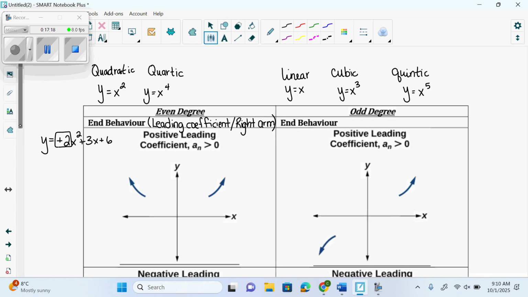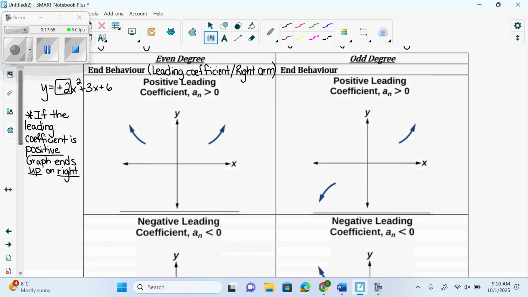For odd or even degree, I'm going to write this as a little starred note here. If the leading coefficient is positive, this is for any degree, the graph ends up on the right. What do you suspect if the leading coefficient is negative?